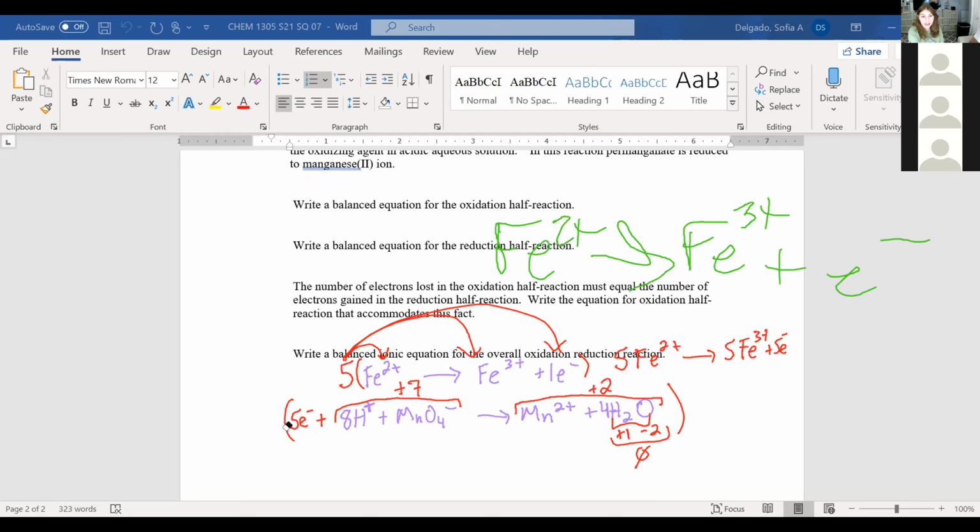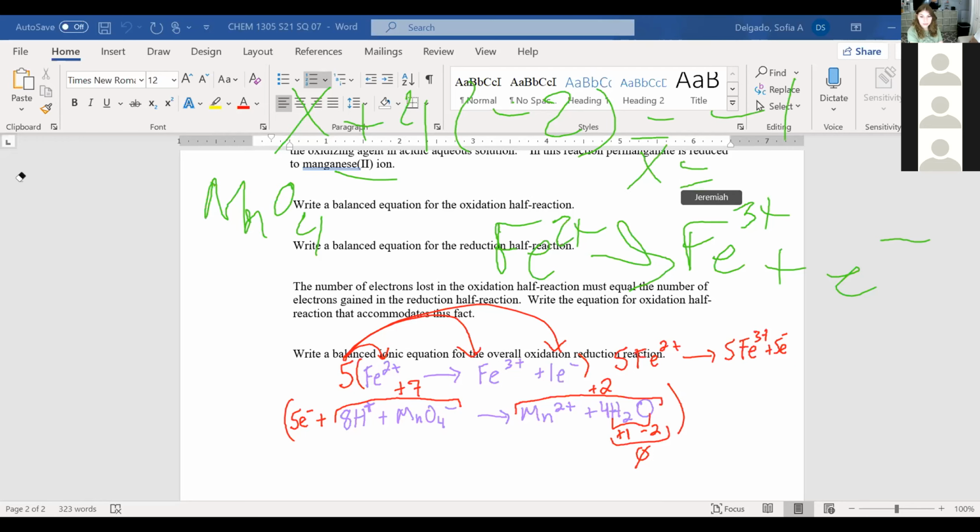For the manganese, the way that you can put it is that first you figure out what the oxidation number is for manganese in permanganate. So the MnO4 minus, once you figure out the -2 times 4 plus X equals a -1 charge, we already know that part. So the oxidation number for manganese in permanganate is +7.